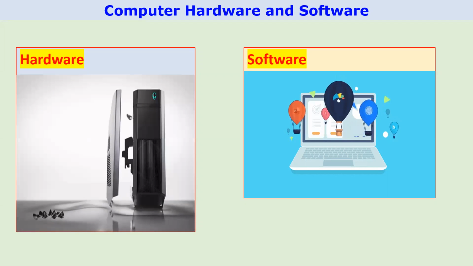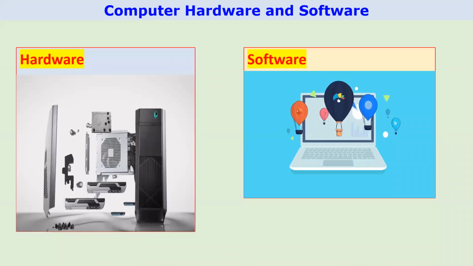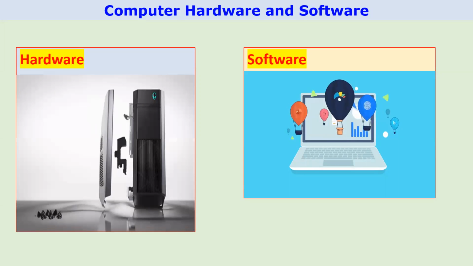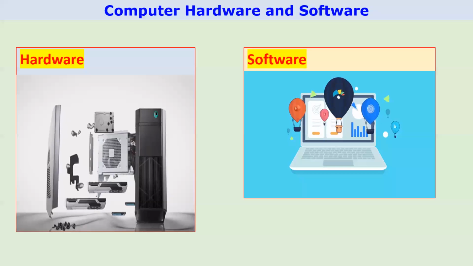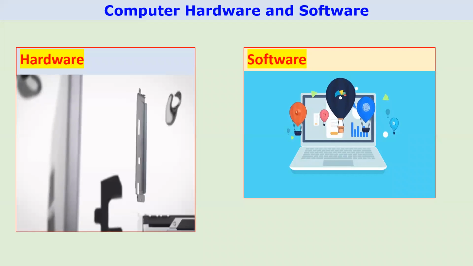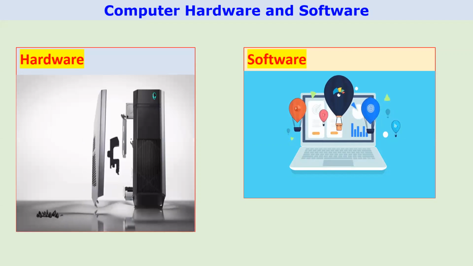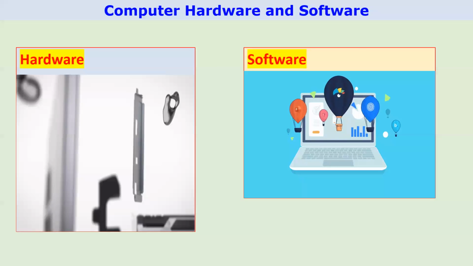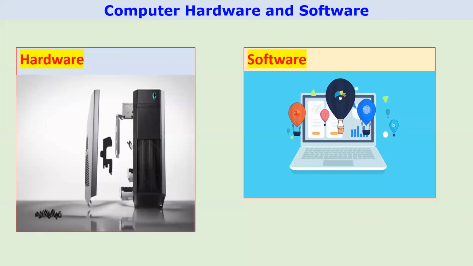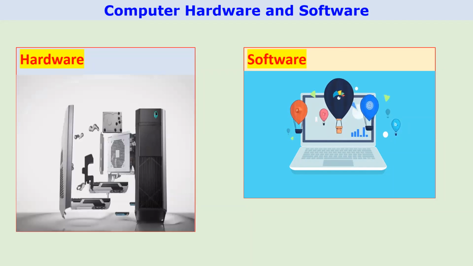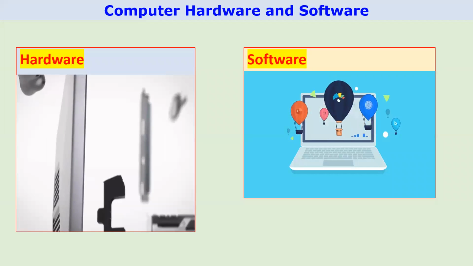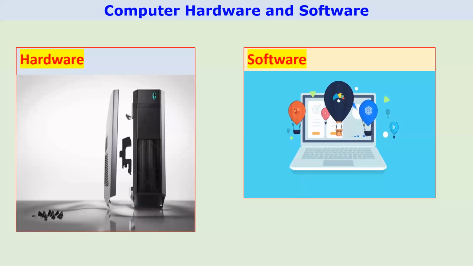Whatever the device attached with the computer, if we can touch it or it is tangible, that is called hardware. All the tangible parts of the computer can be considered as hardware. These tangible parts you can find outside as well as inside. Inside means inside the system unit, right?